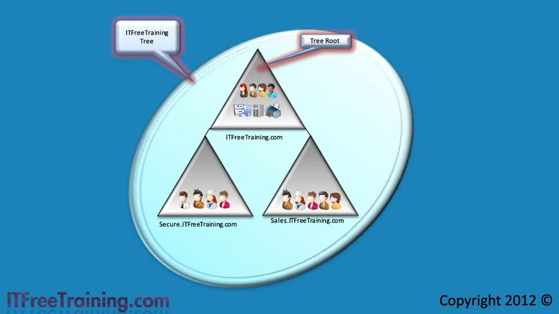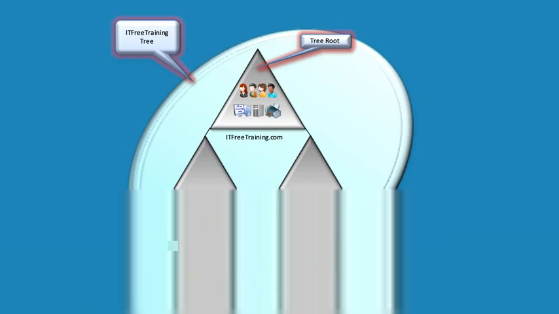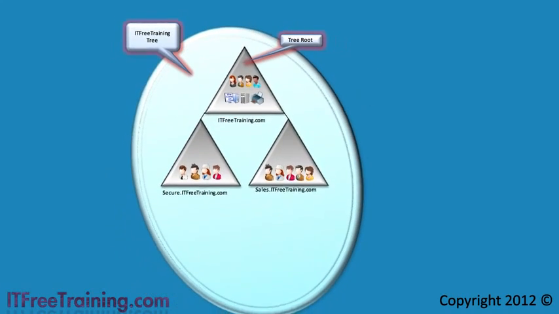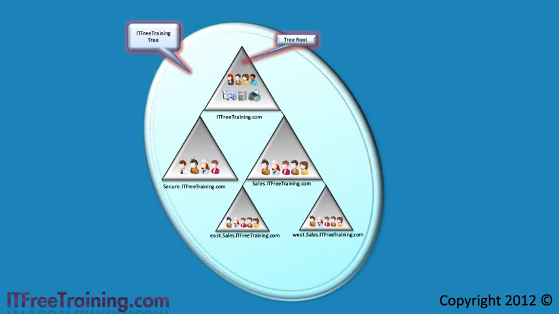Under sales.itfreetraining.com, you could even add additional child domains called East and West. All these domains share the IT Free Training namespace and thus are considered to be in the same tree in Active Directory. Each domain, however, has its own group of users and computers, and thus each domain has its own Active Directory database.